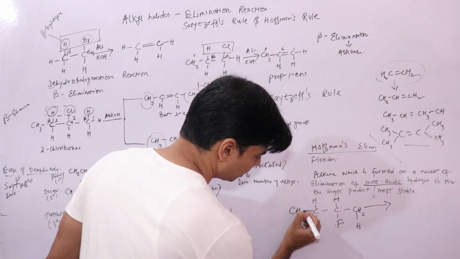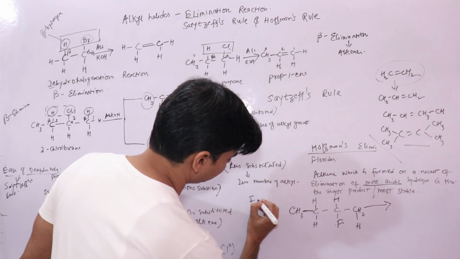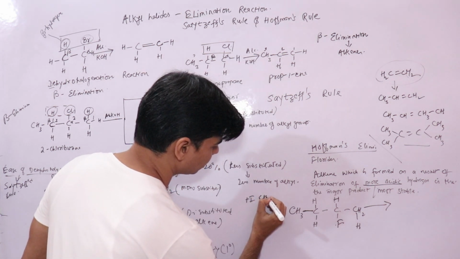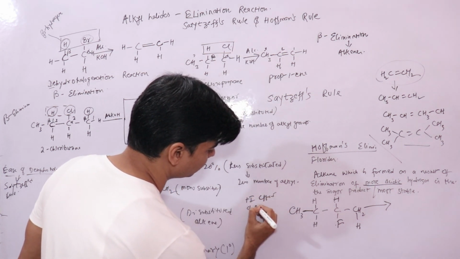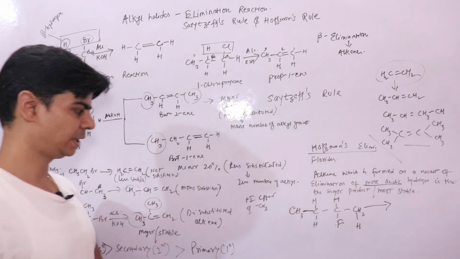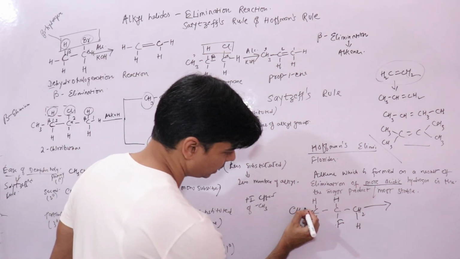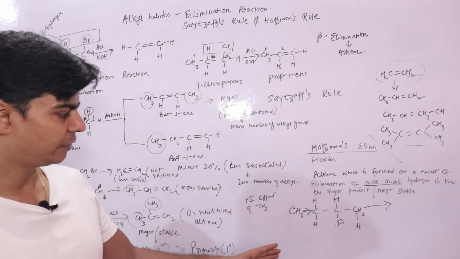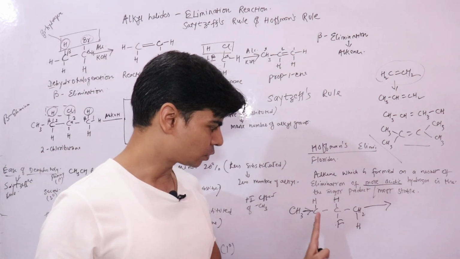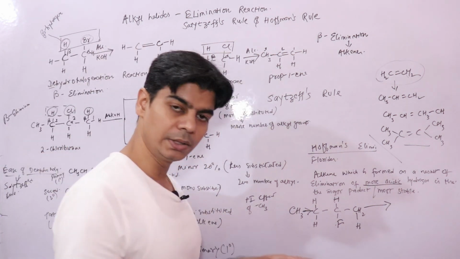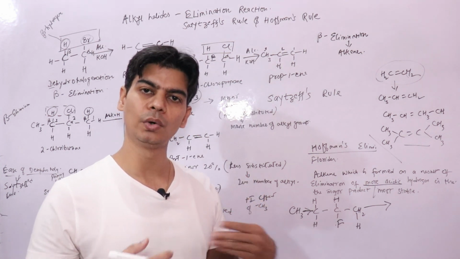Just remember the plus I effect of the methyl group. You have a methyl group here. As per the plus I effect, it will release electrons, it has an electron donating nature.